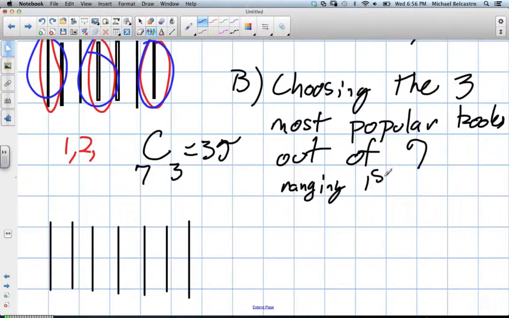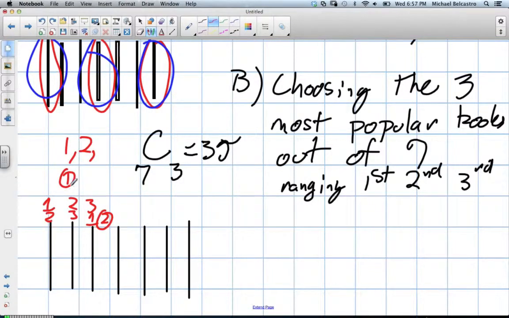Ranging first, second, and third. In other words, implying that maybe the first book in this series is the most popular, then the second book is, and then the third book is. Well, that's one way of doing it. But what if the first book was the second most popular, this was the third, and this was the first? I'm still using those same 3 books, but this is a different way of setting it up, right? So that becomes a second combination.